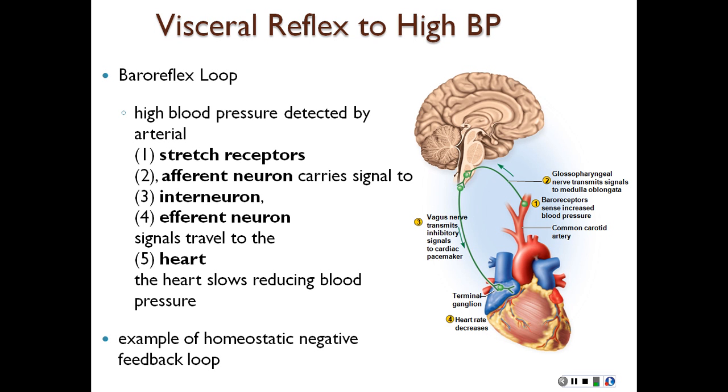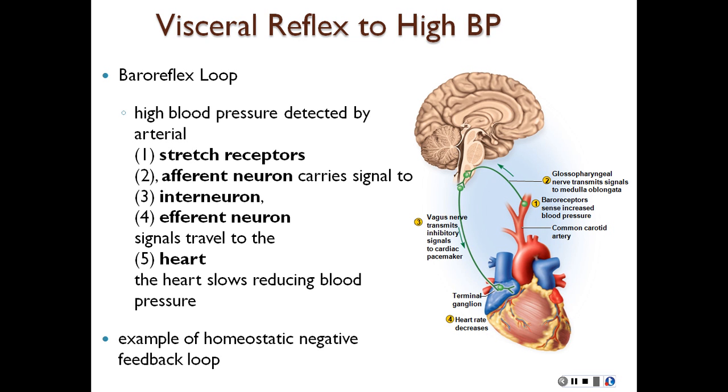So the 5 components: receptor, sensory neuron, interneuron, motor neuron, effector. What I want you all to know are the 5 specific components of the baroreflex loop. So by baro, B-A-R-O, what does that refer to?